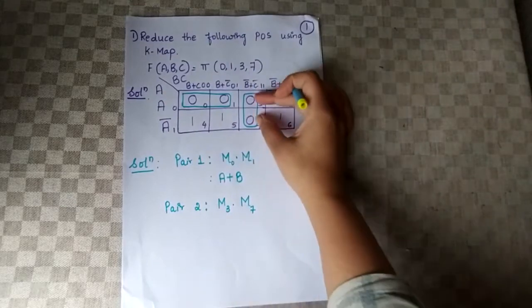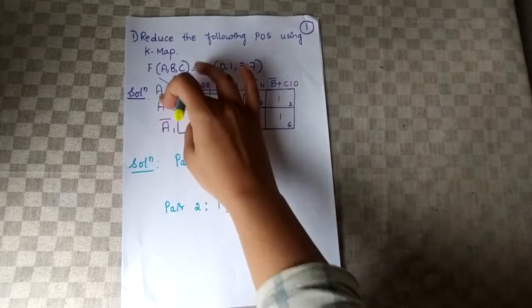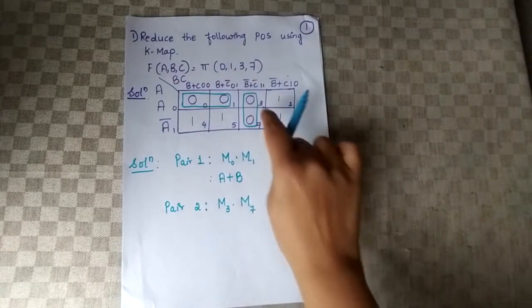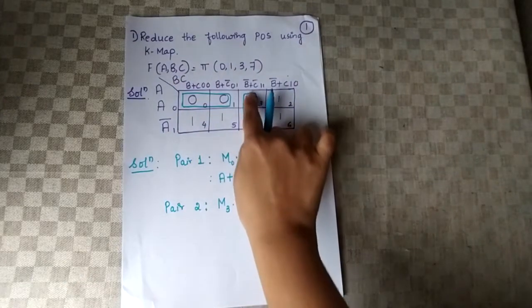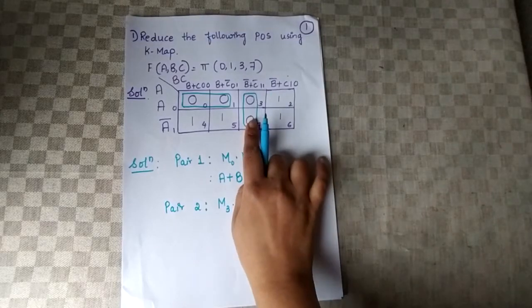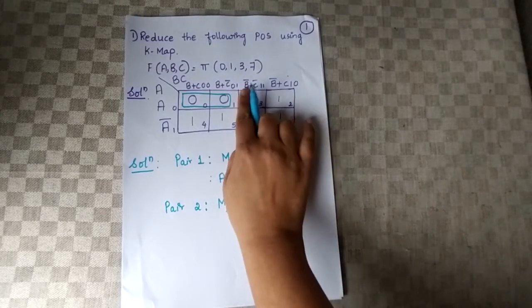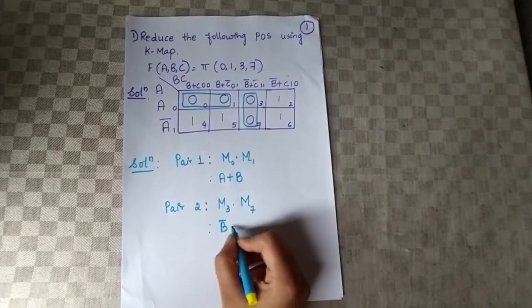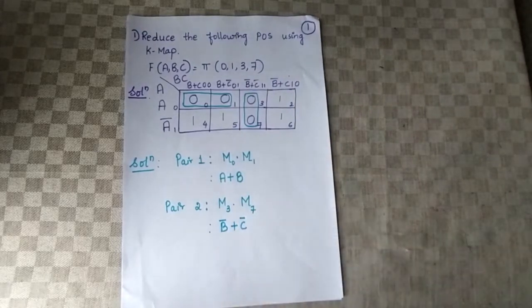Let's check these two rows. Is there any common variable here? No. So discard it. Next, check. Here you have a single column associated with it. Single column means we have to write this completely. So it is B complement plus C complement.